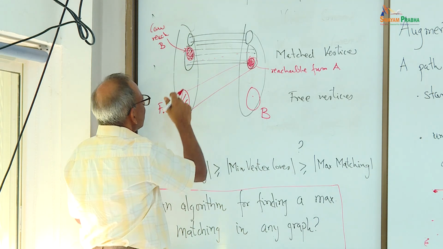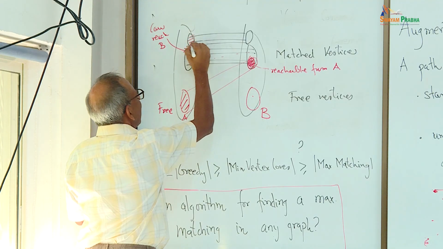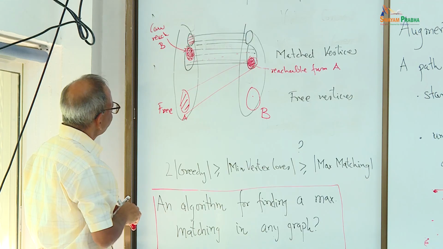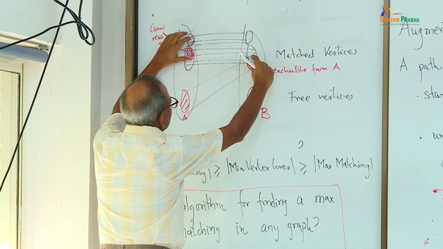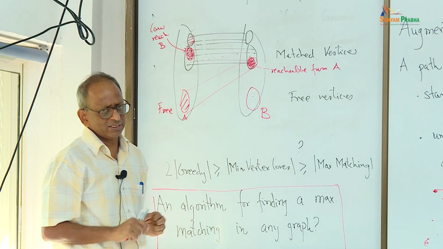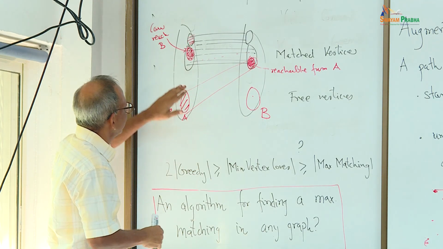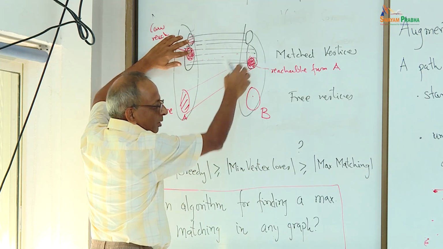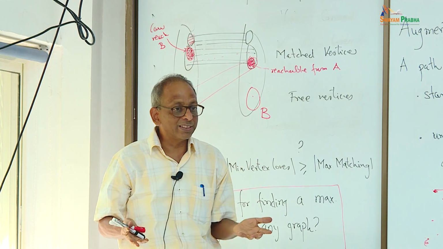So now you pick these vertices, and any vertices here. These cover all the edges. So this shows that when the algorithm terminates, you have a vertex cover of the same size as your current matching.